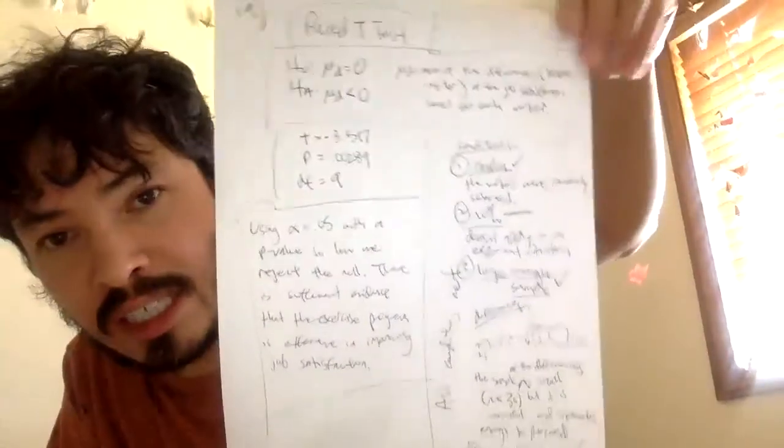I'll read that again. Using alpha equals 0.05, with the p-value so low, we reject the null. There is sufficient evidence that the exercise program is effective in improving job satisfaction. Done. That is a t-test.